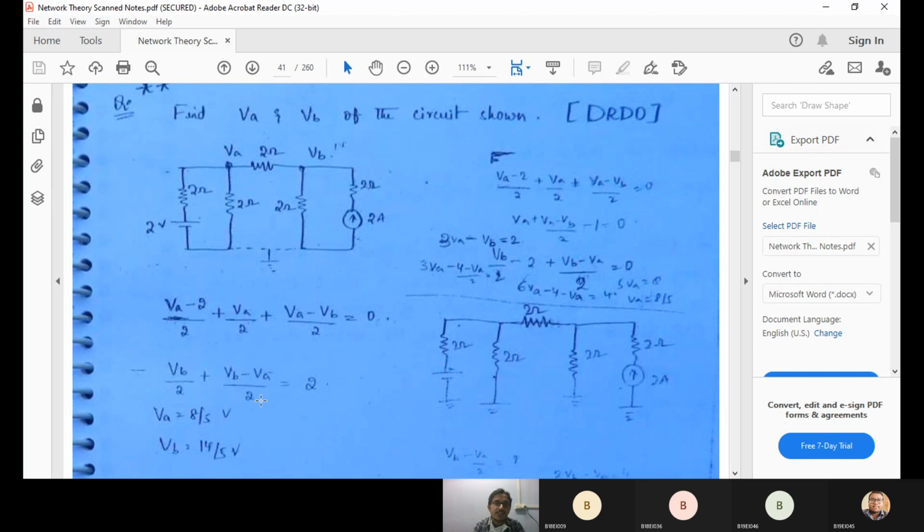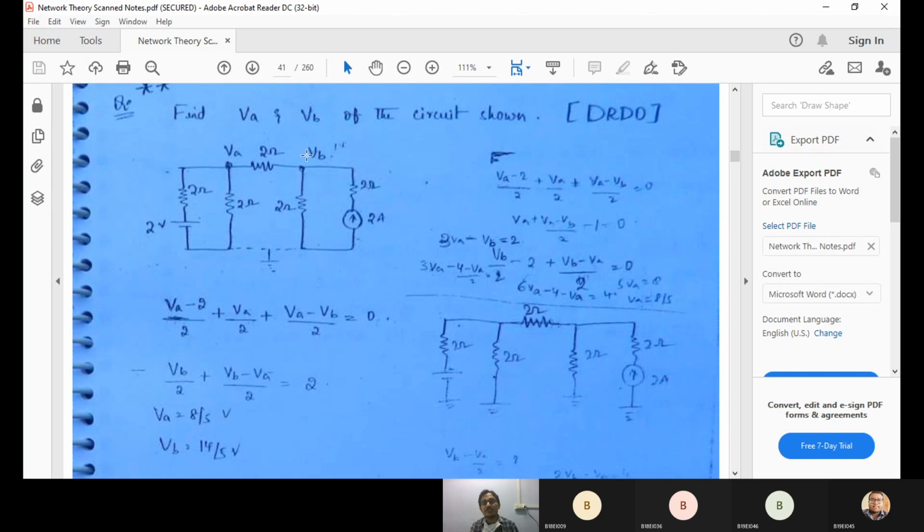Once again, I am telling the equations. You just write down, take 2 minutes, and tell me whether you obtain these values or not. (VA minus 2) by 2 plus (VA minus 0) by 2 plus (VA minus VB) by 2 is equal to 0. This is one equation. On the other side, (VB minus VA) by 2 plus (VB minus 0) by 2 minus 2 is equal to 0.